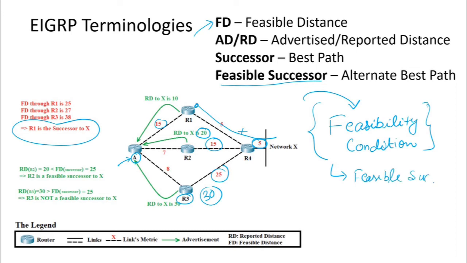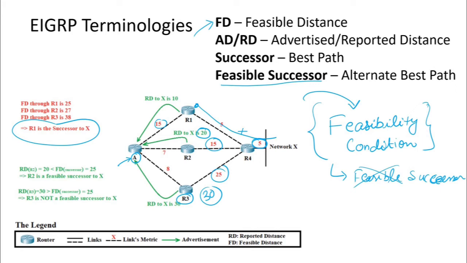Means the best path or the successor is always decided, there is no problem with that. But if in the network the feasibility condition is not met, the feasible successor will not exist. You might be having three paths, but if they do not meet the feasibility condition, there will not be any feasible successor, or any alternate best path.